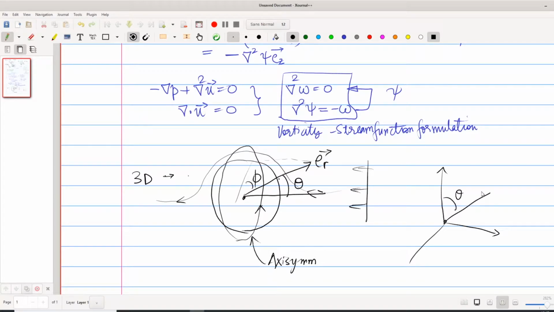This angle is theta, this is the radial coordinate, and the angle of the projection is phi. Naturally, if the problem is axisymmetric, it will not depend on phi, it will only depend on r and theta. Therefore, a three-dimensional problem can also be represented in the vorticity-streamfunction formulation.